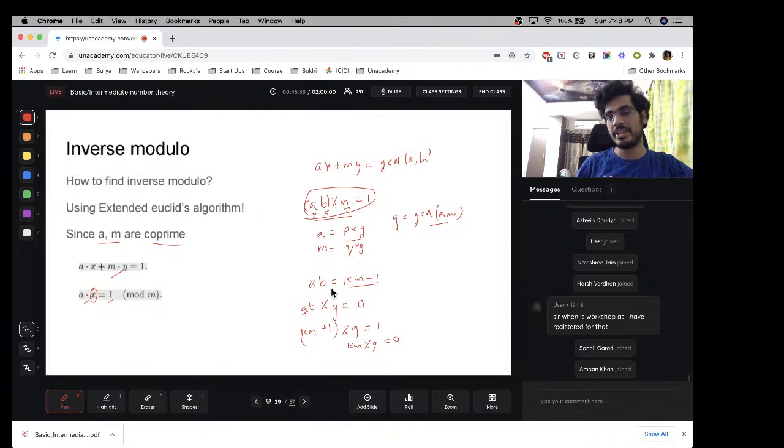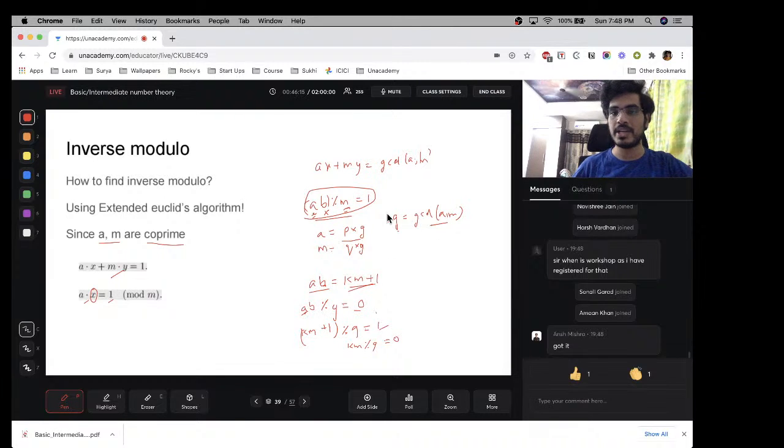So LHS will be equal to 0 and RHS will be equal to 1. This can't be possible, right? So that's why there doesn't exist any such B where KM plus 1 equals AB if GCD is greater than 1.